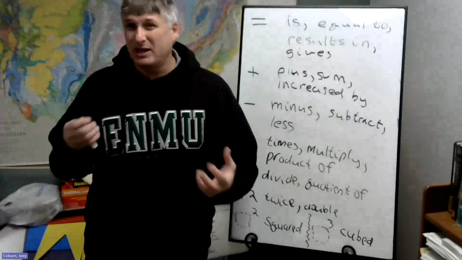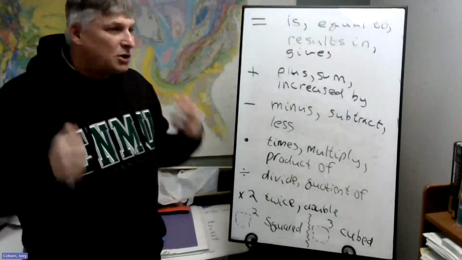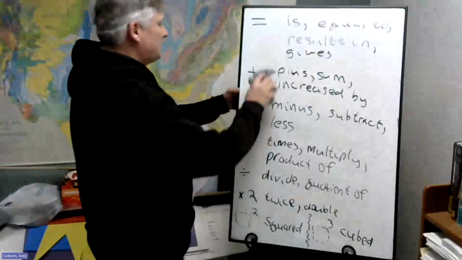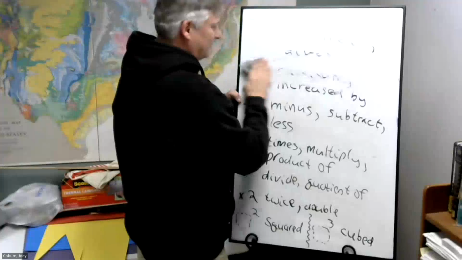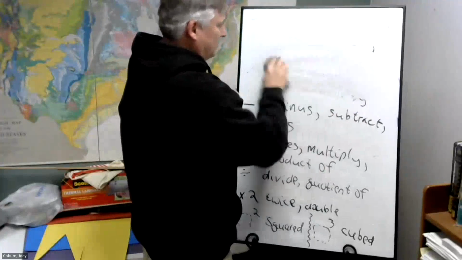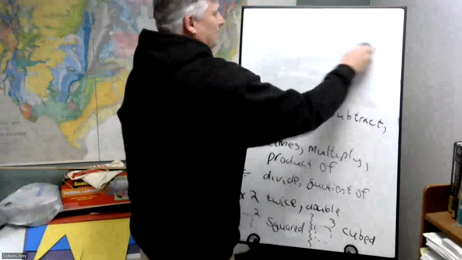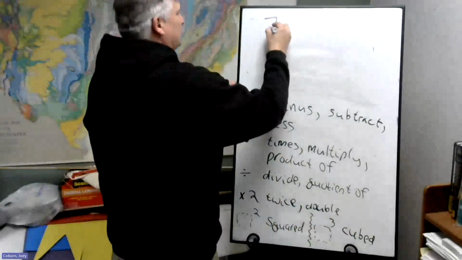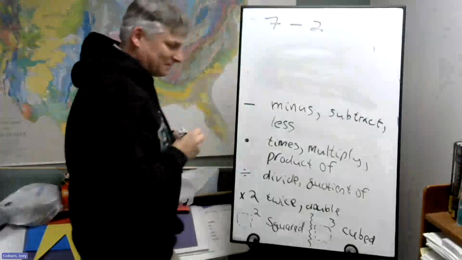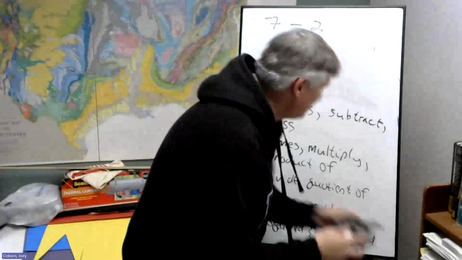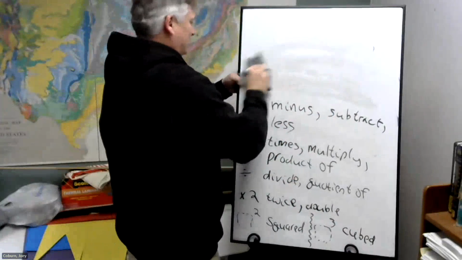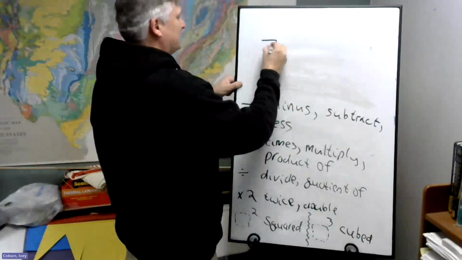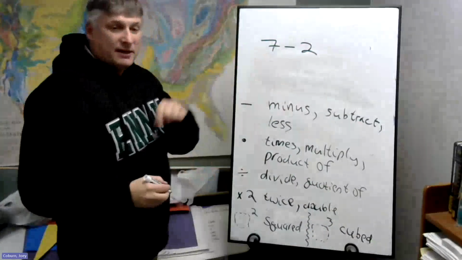Now, another one you'll sometimes get that can be a little confusing is 2 subtracted from 7. So to illustrate the difference, 2 subtract 7 we would write as 2 minus 7. But we're going to use a stronger pen. So 7 subtract 2 would be this.